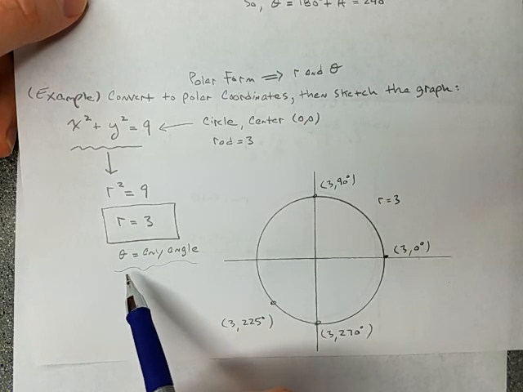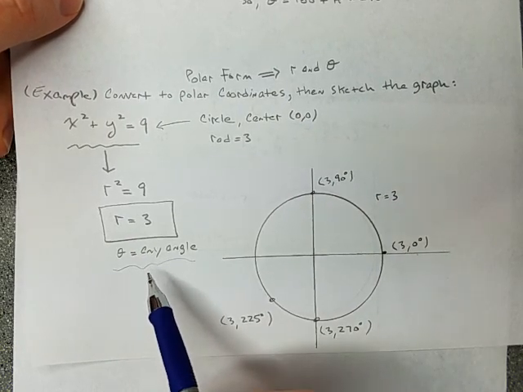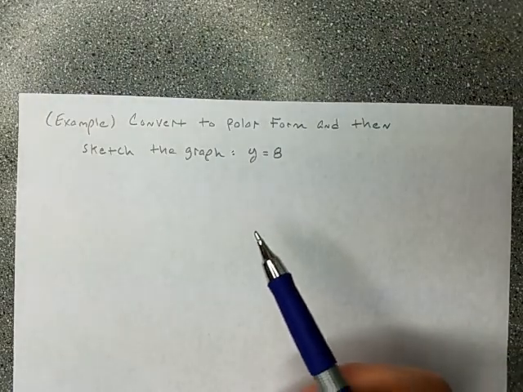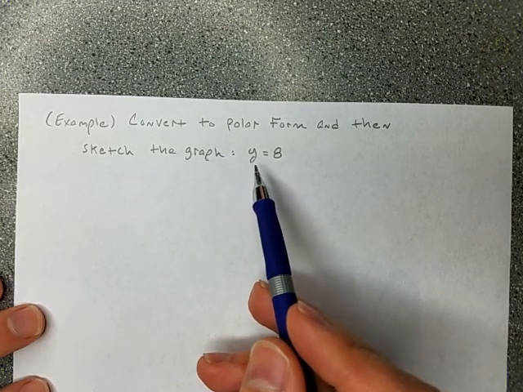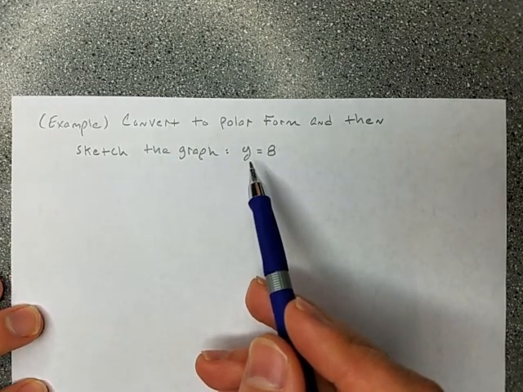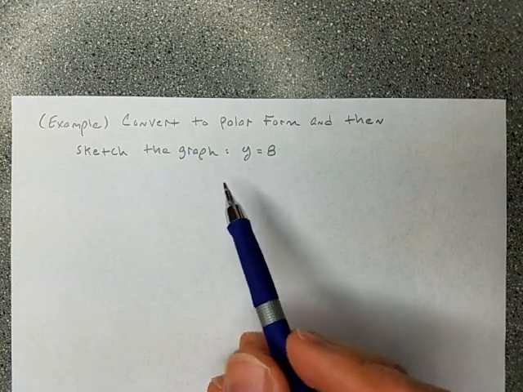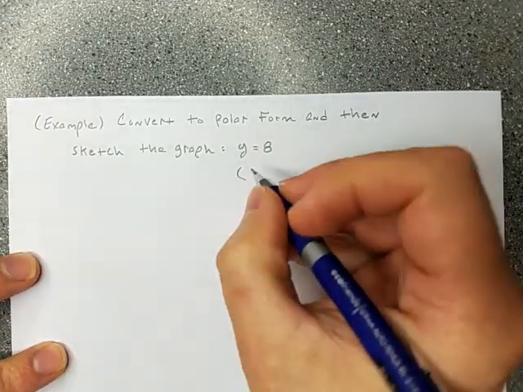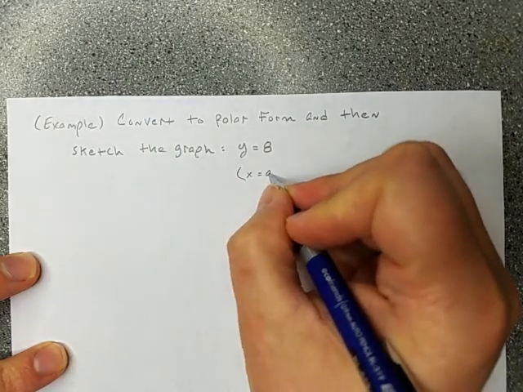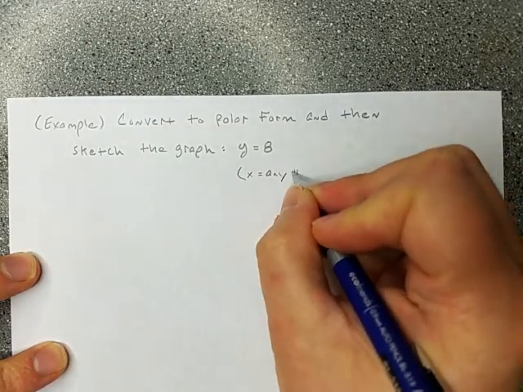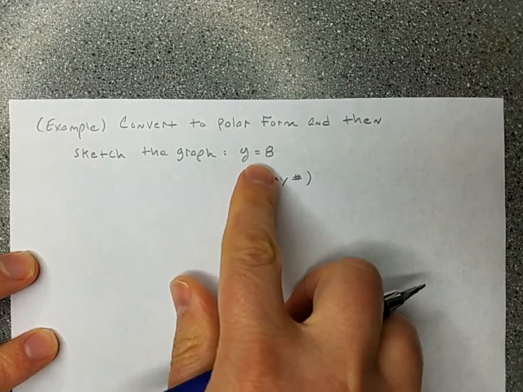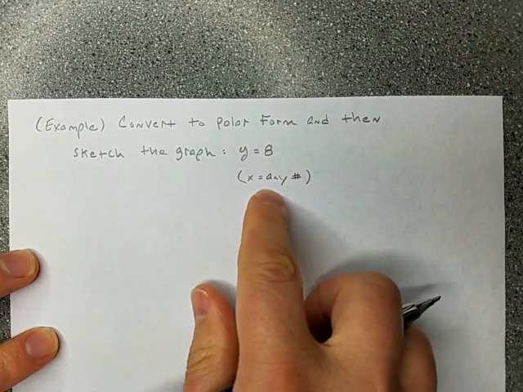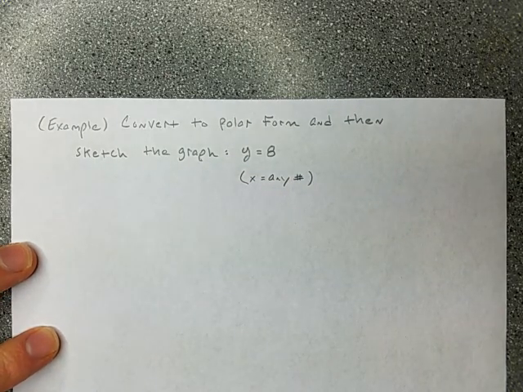That just means there's no restrictions on theta, and theta can be anything. This is in rectangular form, and rectangular coordinates have x and y. The x is not mentioned. What does that mean about the x? It means the x can be any number. There's no restrictions on it. So where are all the points where y is 8 but x can be anything? That's a horizontal line.